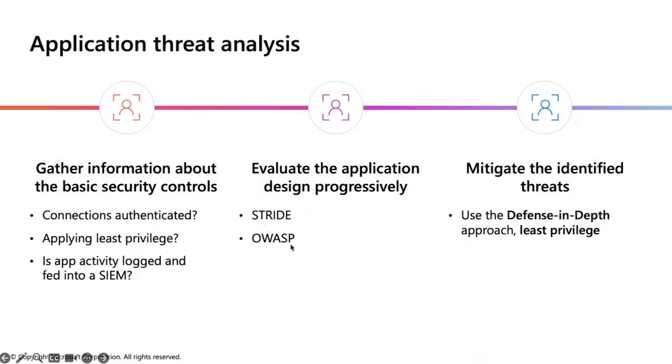STRIDE is a threat modeling framework developed by Microsoft itself. STRIDE is a short form of spoofing, tampering, repudiation, information disclosure, denial of service, and elevation of privilege. These are six components, and we collect their first letters to form the name STRIDE. Once again: spoofing, tampering, repudiation, information disclosure, denial of service, and elevation of privilege.